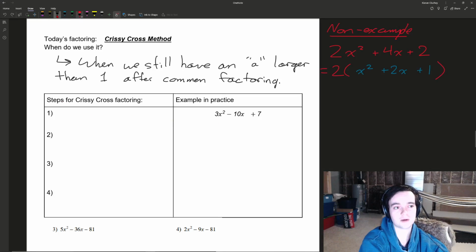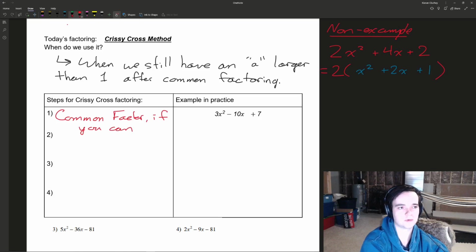In the future, however, you may need to common factor first, and if you can common factor, do common factor. So the first thing to do would be to common factor, if you can.